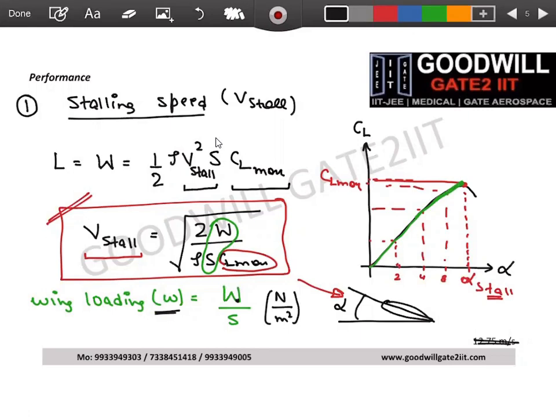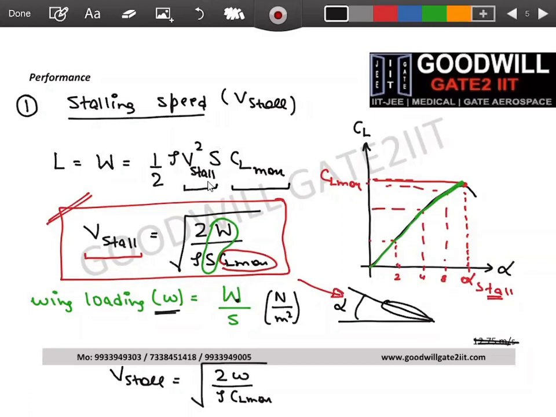So maybe you can also see this. You can also write Vstall, or any velocity, as the square root of 2 small w divided by rho CL max. This is just one condition or one quick formula if you want to understand. Is this fine?